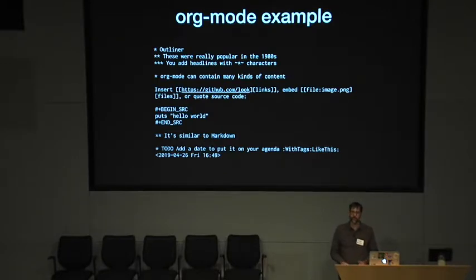You can also embed files, and the files will get rendered right there in your text editor buffer, which is pretty cool. Because Emacs is a text editor, but it's also an operating system, so of course it has a PNG viewer built in. You can also quote source code, and this example is Ruby. You can quote other kinds of source code.